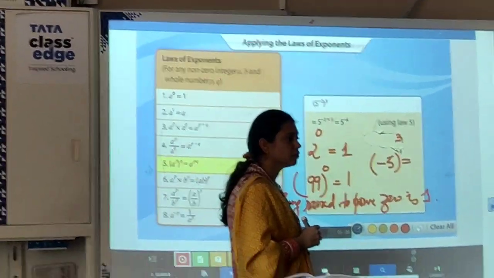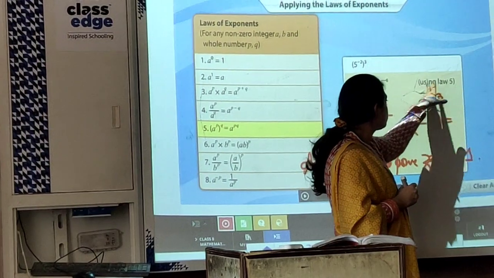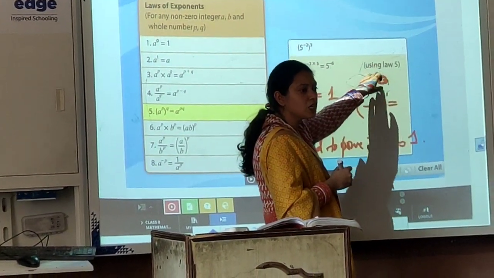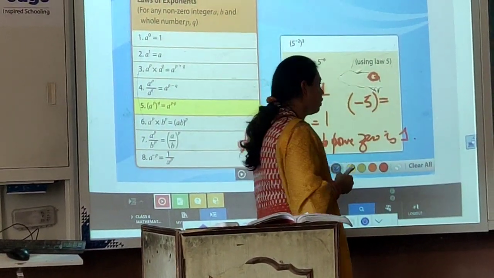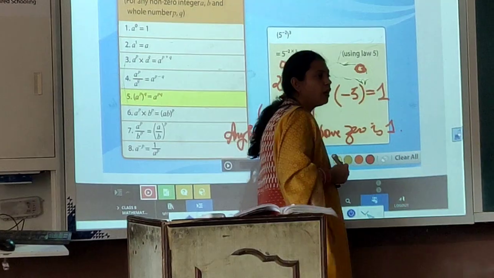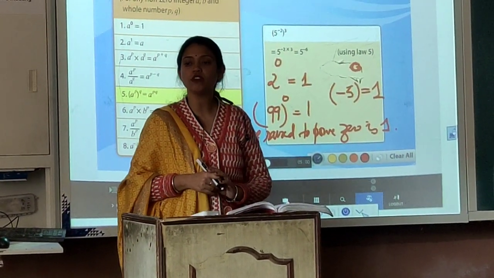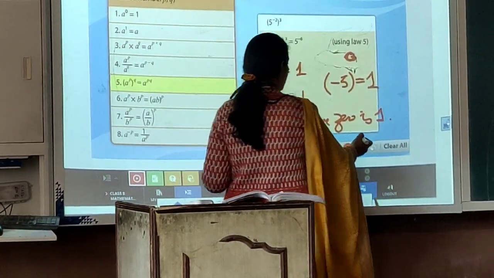Again, minus 5 multiplied, it should be positive. Ready? Anything raised to power 0. It is minus 5, doesn't matter. Again, it is 1. So any base having power 0, that exponent is always equal to 1. Is it clear to all? Yes, ma'am.